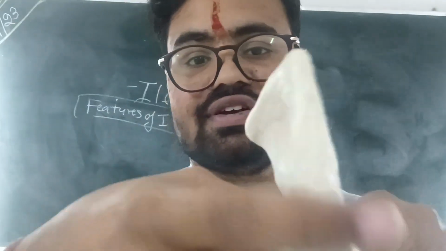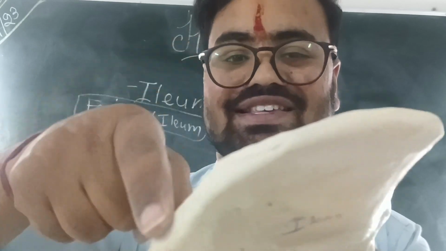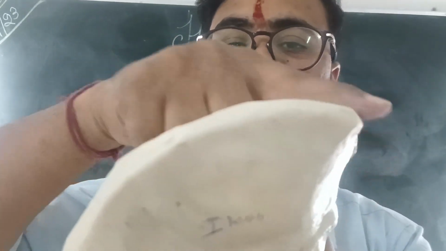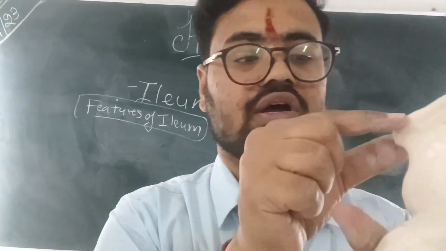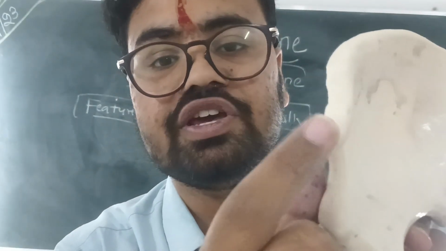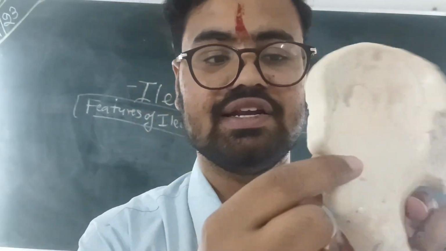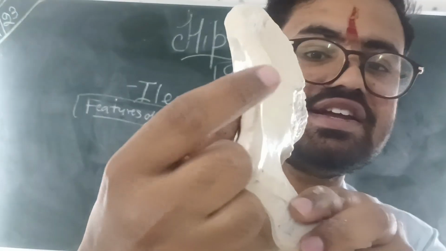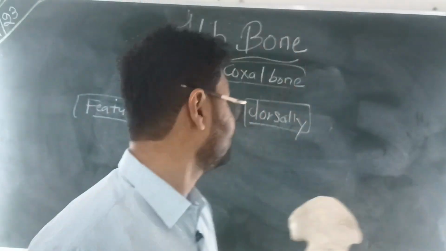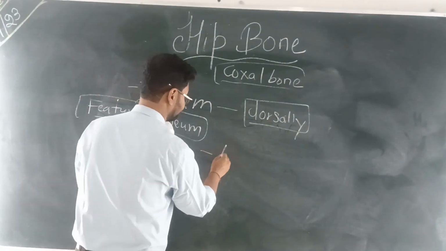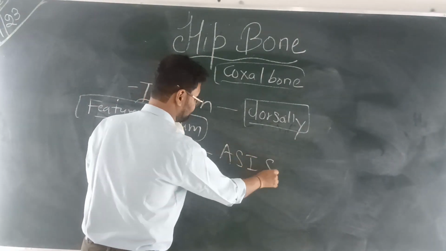And this curve is the iliac crest. So this is the anterior superior iliac spine. This lies at the anterior side.